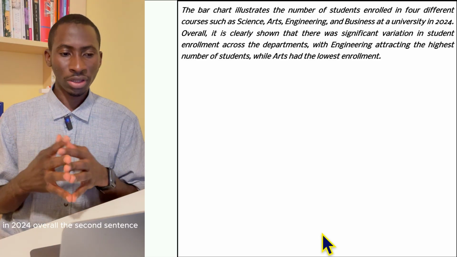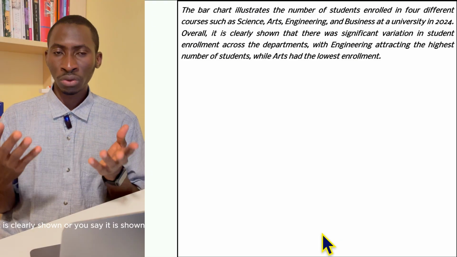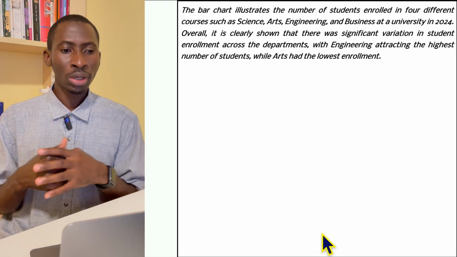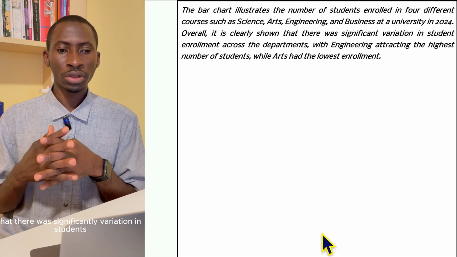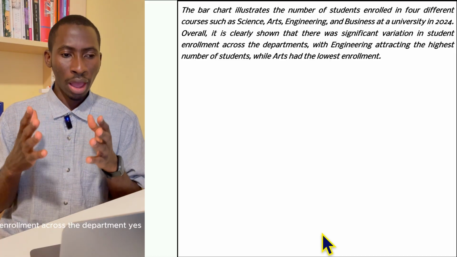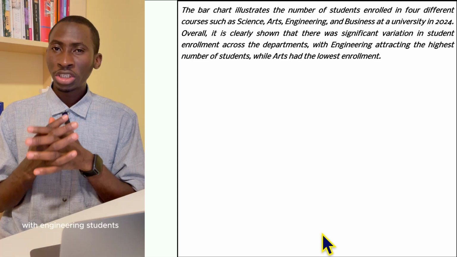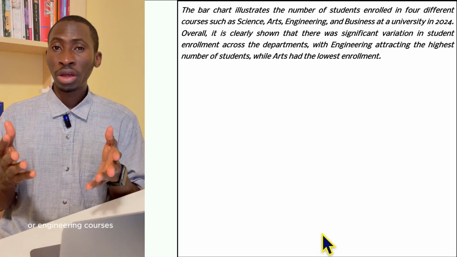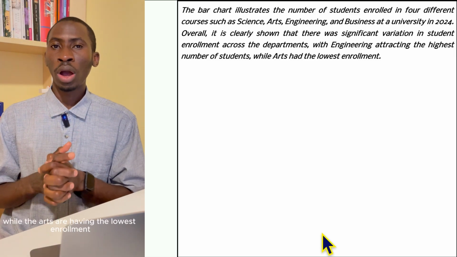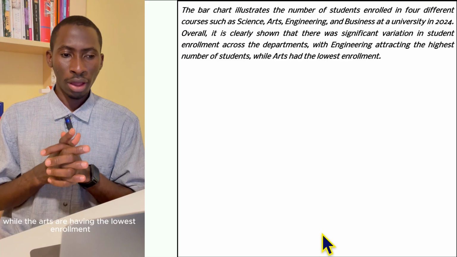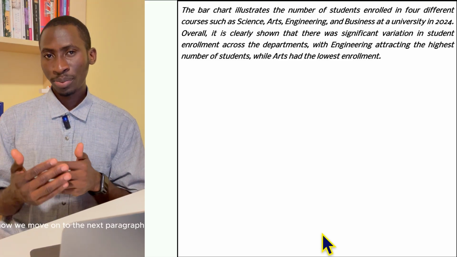Overall, the second sentence: it is shown, or it is clearly shown, that there was significant variation in student enrollment across the department, with engineering courses attracting the highest number of students, while the arts have the lowest enrollment. Now we move on to the next paragraph.